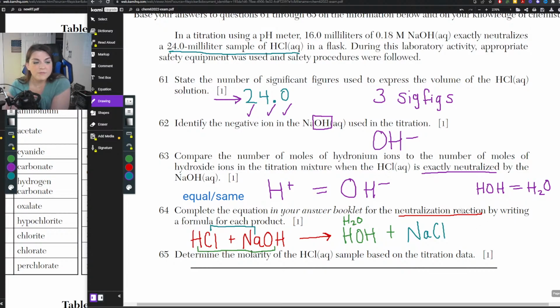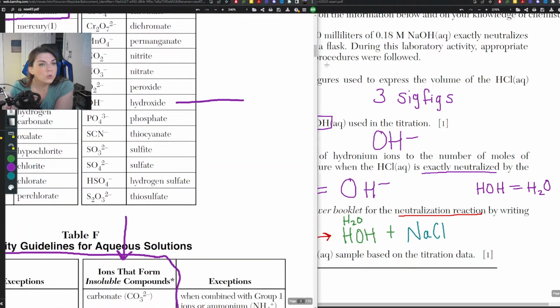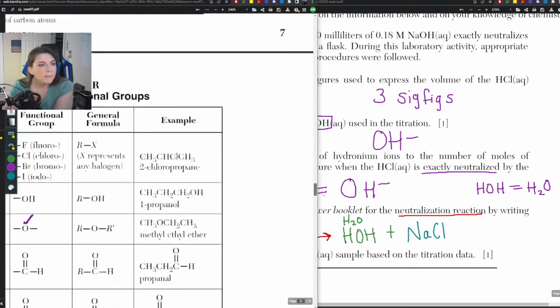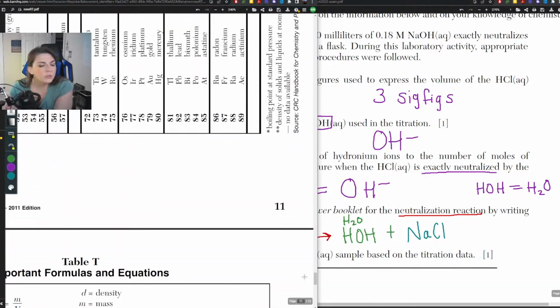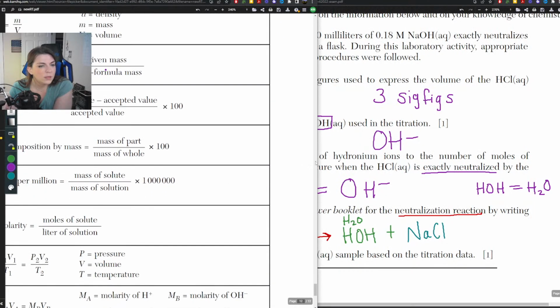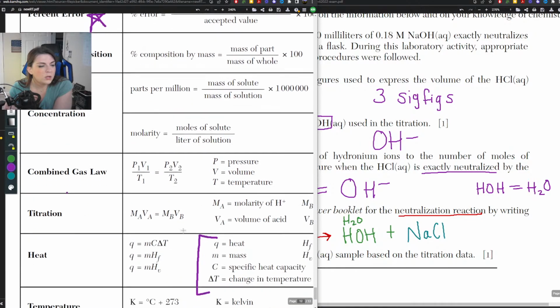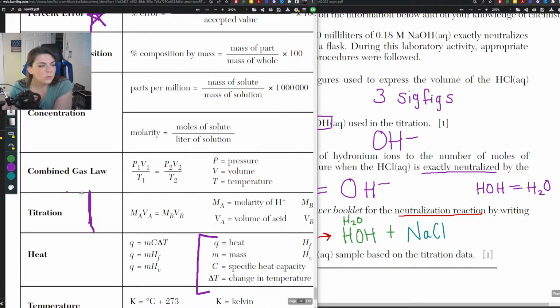Okay, then 65. Determine the molarity of the hydrochloric acid sample in the titration data. And for this, we would want to use the titration formula. And anytime we do math, we go to the back cover. And we're looking here at the titration.